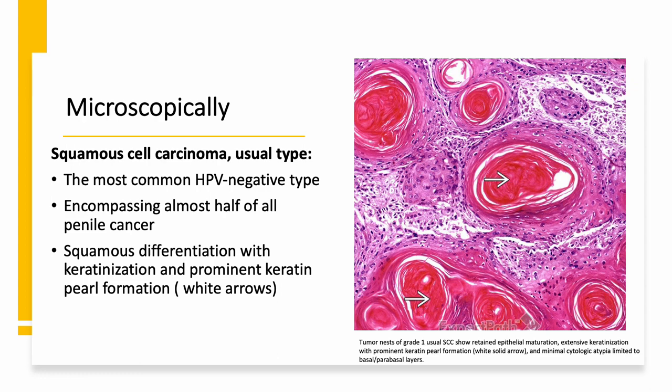Microscopically, squamous cell carcinoma has two main morphologies. The most common is squamous cell carcinoma, usual type or conventional type, with squamous differentiation. When we say usual type or conventional type squamous cell carcinoma, we emphasize keratin formation, keratin production.